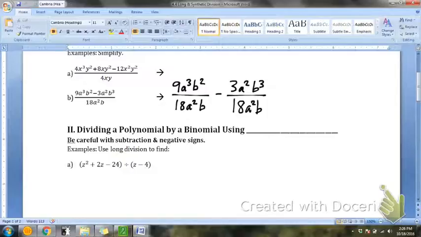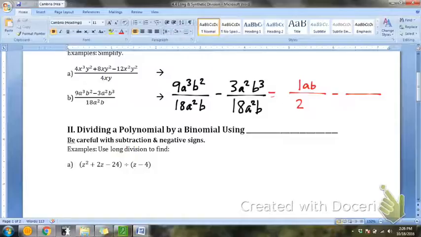Nine over 18 reduces to what? Not 2. 1/2. Three over 18 reduces to what, Anthony? 3 over 18?